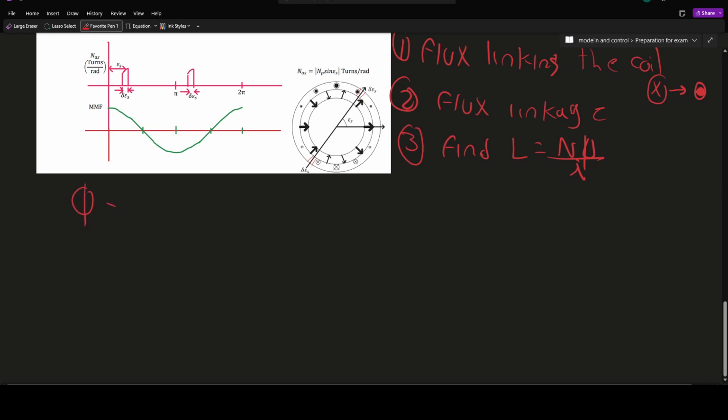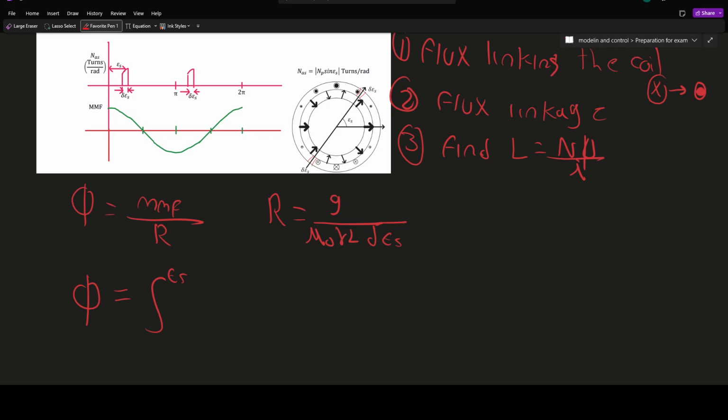We know that flux is equals to MMF over reluctance. So our reluctance now that we have a small angle the epsilon is going to be G, or air gap, mu naught RL, length of the conductor, times the epsilon x. Okay, so our flux is gonna be an integral from our angle ES to ES minus pi.